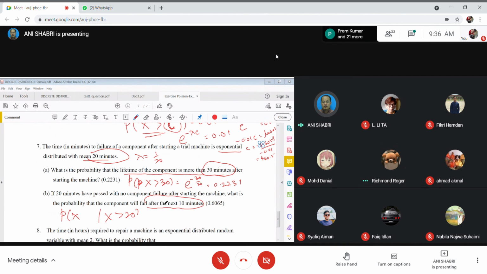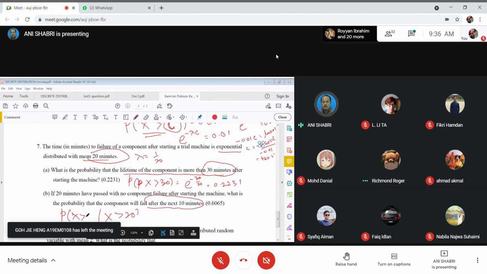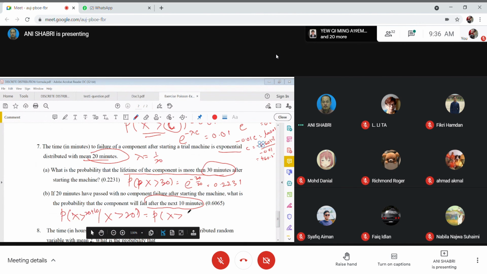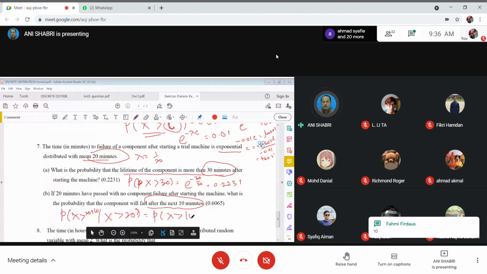After the 10 minutes, less or greater? Greater than the next 10 minutes. It is 20 plus 10. Okay, it is equal to P, greater or less? Greater than 10.